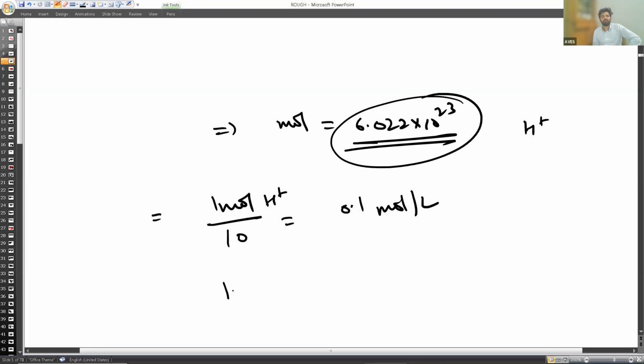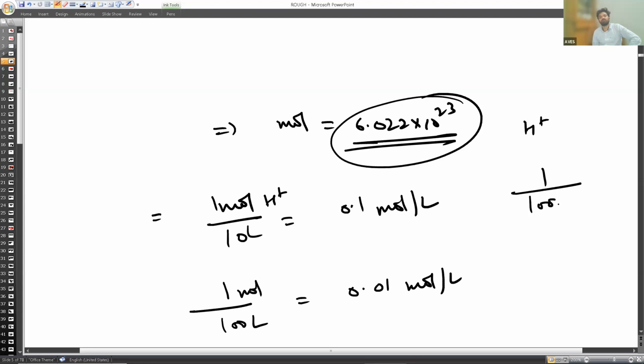If you have 1 mole of H plus ion in 100 liter of water, then it will be 0.01 mole per liter. If you have 1 mole of H plus ion in 1000 liter of solution, it will be 0.001 mole per liter.